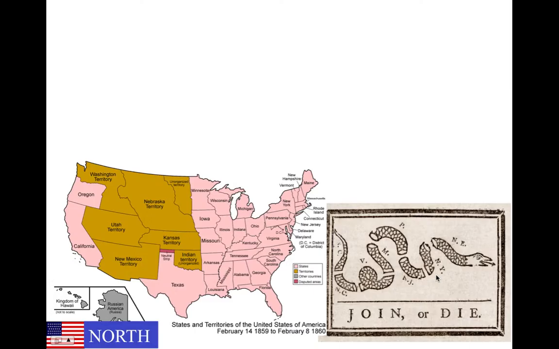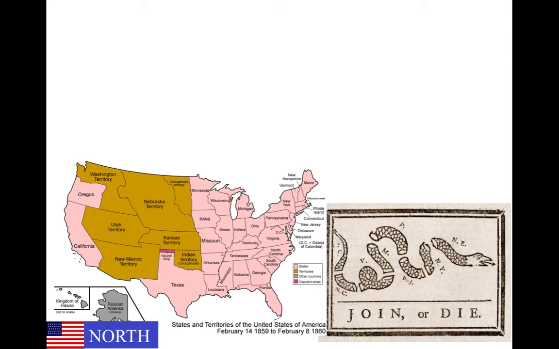The final difference we're going to look at is the idea of the power of the government. And this image down here was created by Benjamin Franklin in the run-up to the French and Indian War. And Ben Franklin believed that the colonies all needed to join together with each other, join up or die.